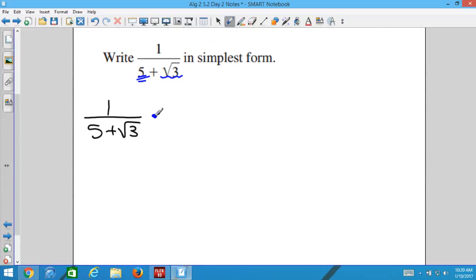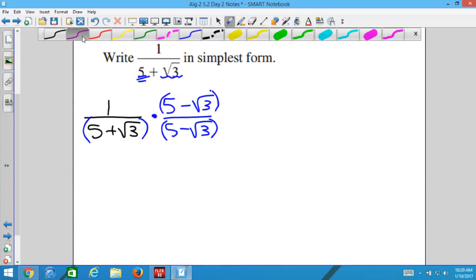So we're going to multiply by, what's the conjugate of 5 plus radical 3? 5 minus radical 3. And we do that on the top and the bottom so that it's really multiplying by a value of 1. There are understood parentheses here that you don't necessarily write, but you understand that they are there. I'm going to put them there because it's helpful to have them. There's understood parentheses here, here, here, and here.